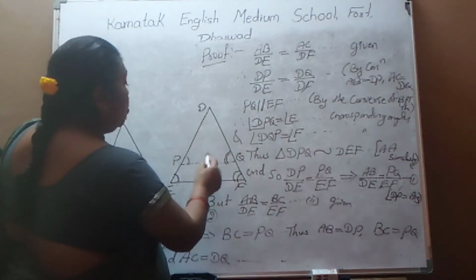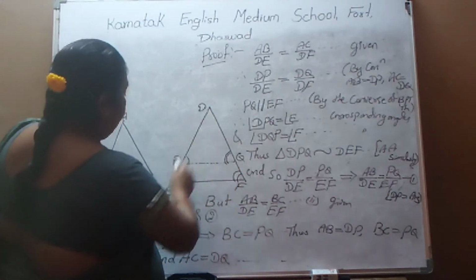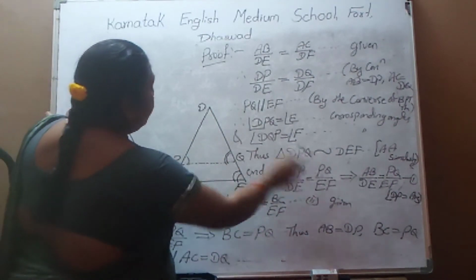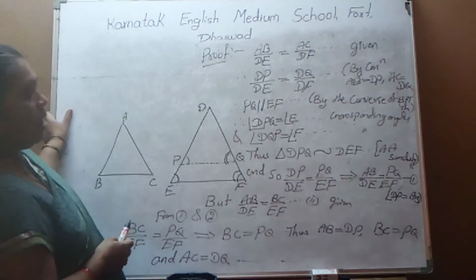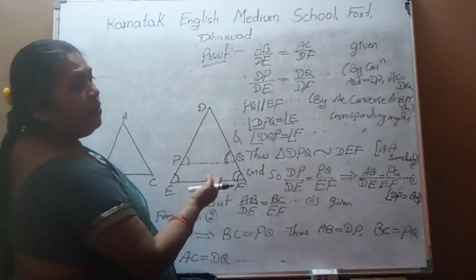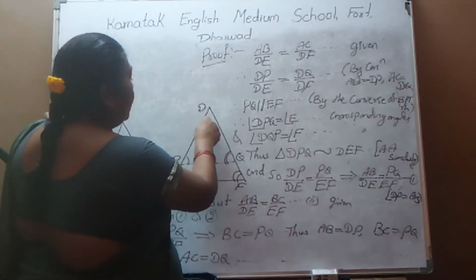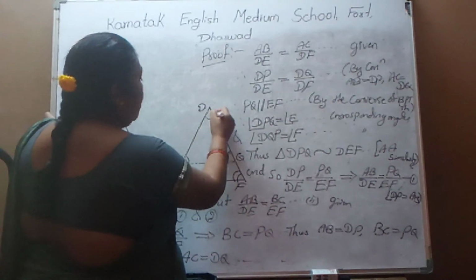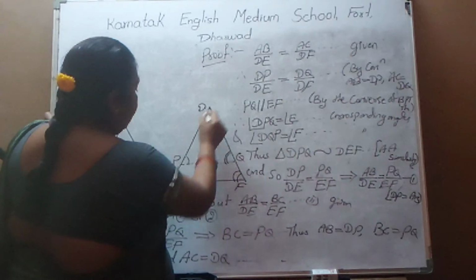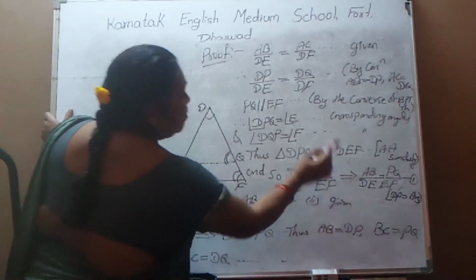Therefore, these two triangles DPQ and DEF are similar. You proved when two angles are equal in two triangles, the third one is common. So these two DPQ and DEF are similar.